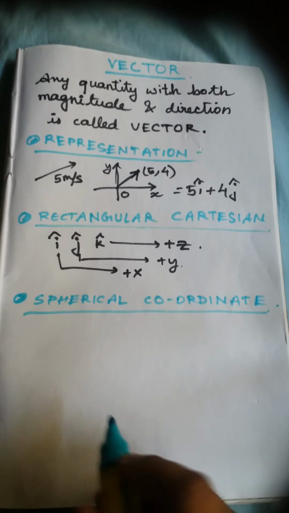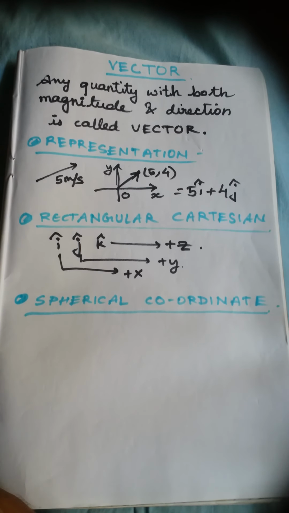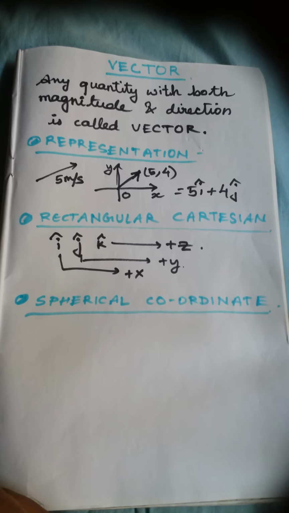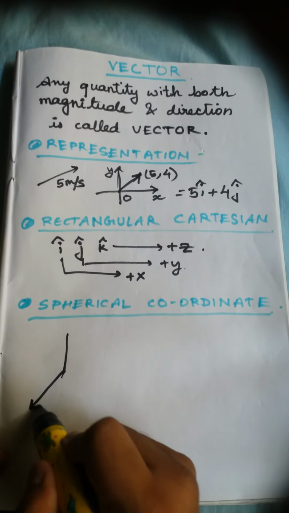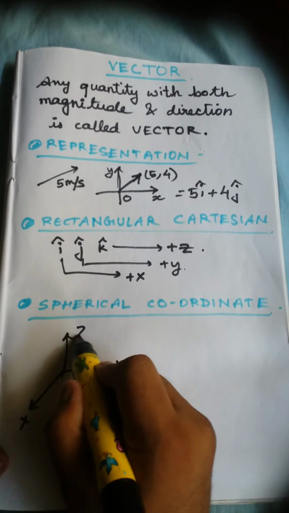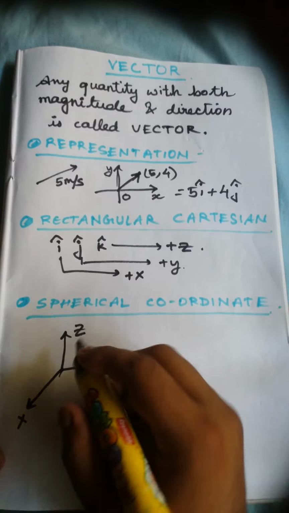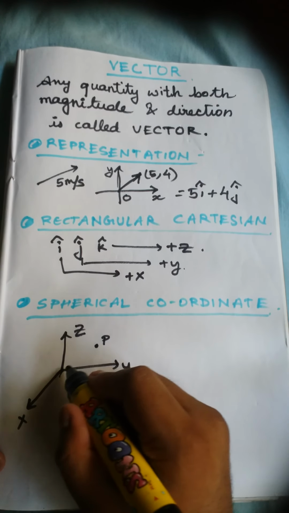In this system, the position vector can be written in terms of r, theta and phi. So let us see how. Let me draw the axis. This is the x-axis, this is the y-axis, and this is the z-axis. So let P be a point in this 3D space.